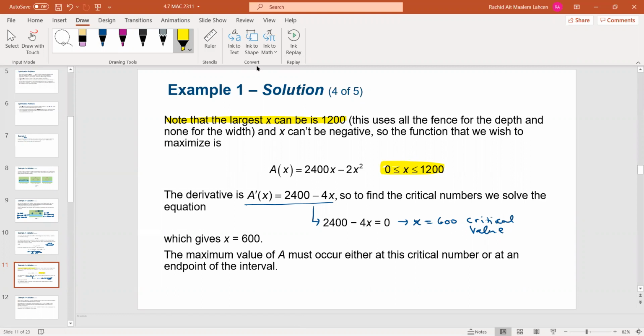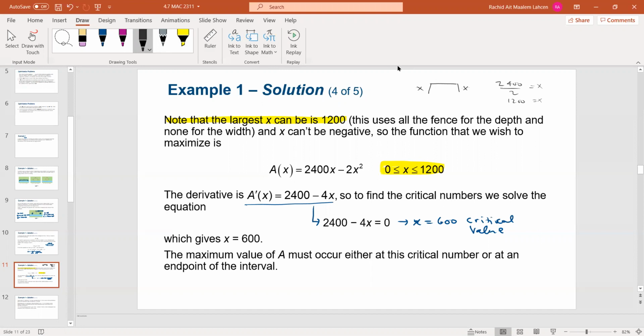If you divide 2400 by 2, that's 1200. So that's the highest possible thing for x, right? So think about it that way, x and x. And the whole thing is 2400. So if we divide it by 2, that's the maximum that x can be.